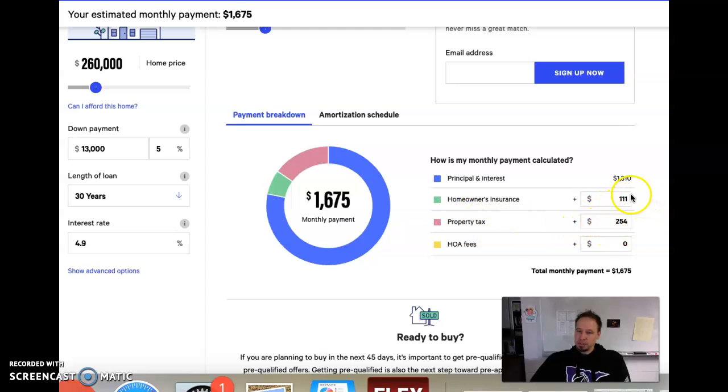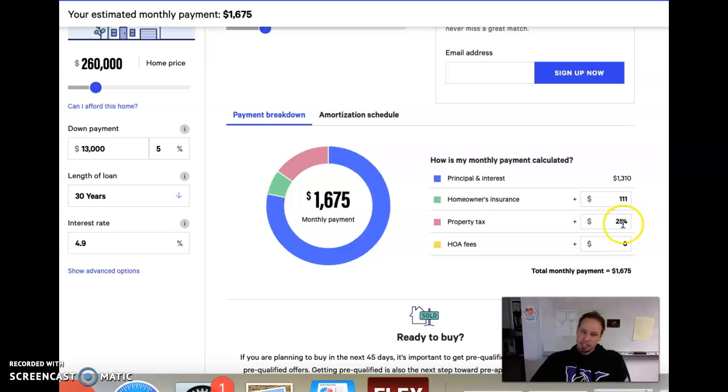Now these are liabilities. These are things you got to pay every month, and these are estimates based on the value of the property. You got to insure your home in case it burns down, and the bank's going to make sure that you have insurance. And you've got to pay your property taxes every month. Usually when you purchase a home, you have what's called an escrow account, and they take this money out so that you don't get to April 15th and October 15th and have no money to pay your property tax.